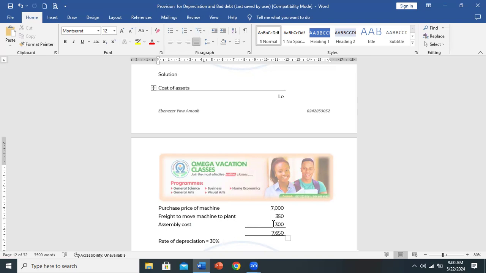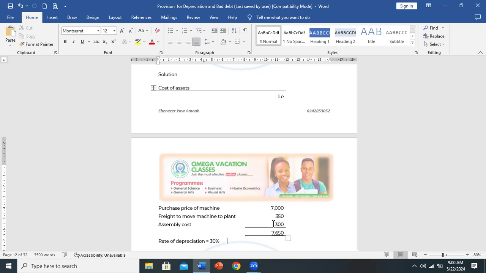I think yesterday I used a very simple example that if you go to Melcom and you buy a television, how much you pay at Melcom is the purchase price. You'd have to carry the TV from Melcom to your room, right? The driver will take some transportation cost. When you get the television to your room, you need an expert to install it for you, as in fix it for you and test.